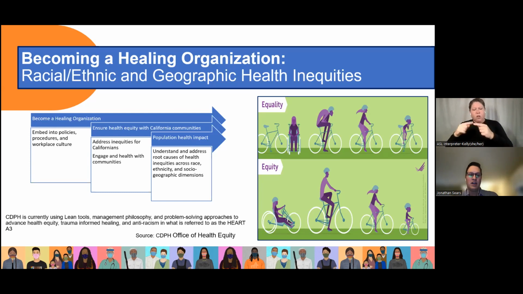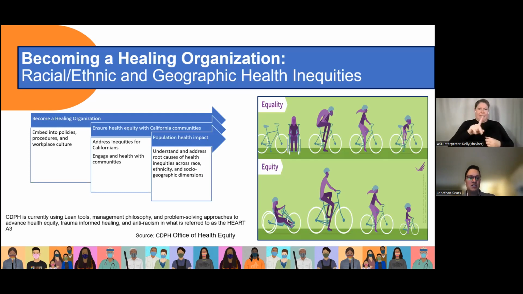And we're viewing this hard work as having multiple phases. The first is to look internally at how we become a healing organization. So we're working to evaluate and embed healing, anti-racism, trauma-informed, and health equity principles and practices into our organization, especially looking at the policies, procedures, and our culture, and how that interplays with becoming that healing organization.